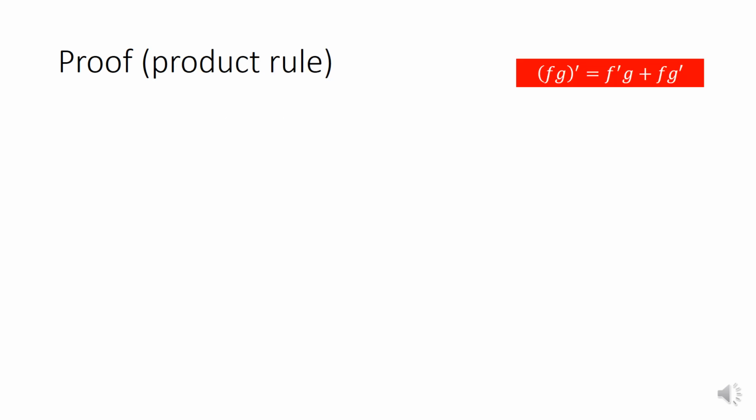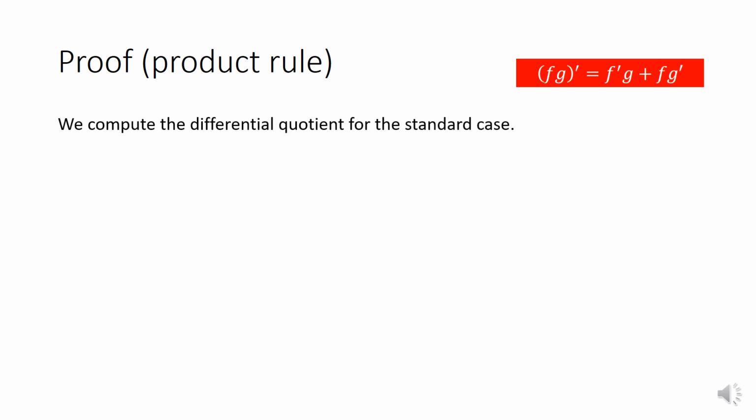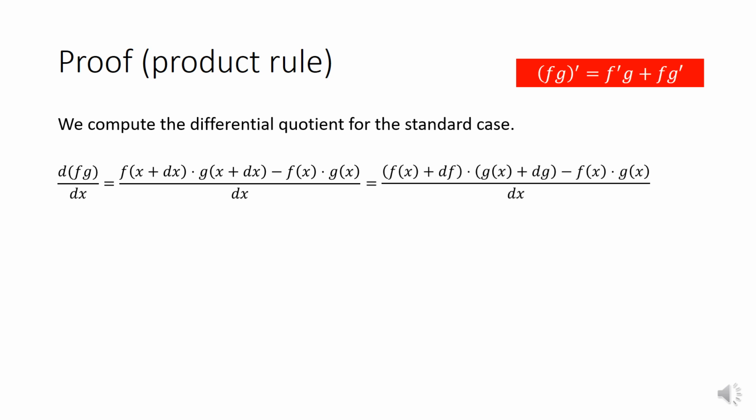We proceed in the same way with the product rule and compute the differential quotient for the standard case. Here the numerator is f of x plus dx times g of x plus dx minus f of x times g of x. Again, we use f of x plus dx is equal to f of x plus df, and g of x plus dx is equal to g of x plus dg.